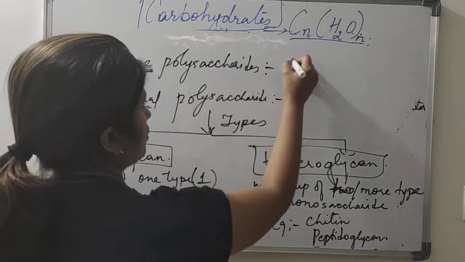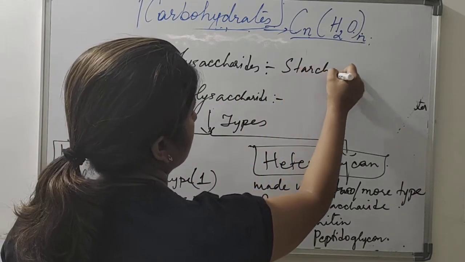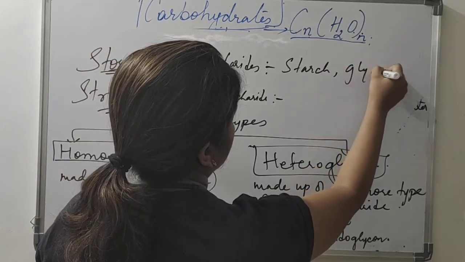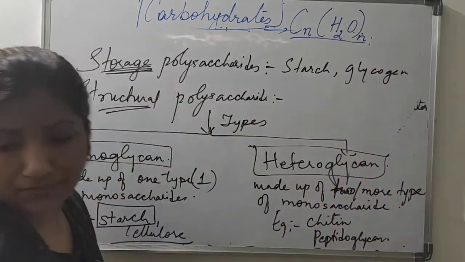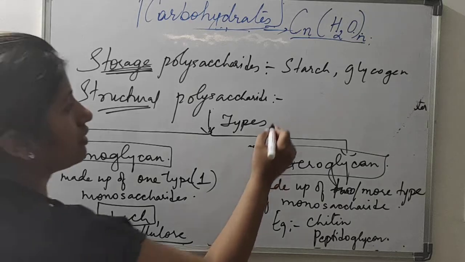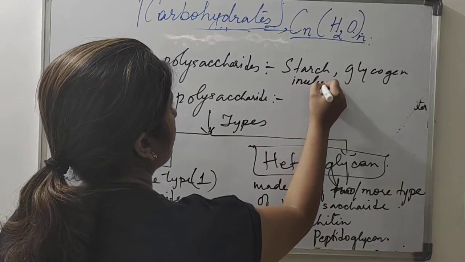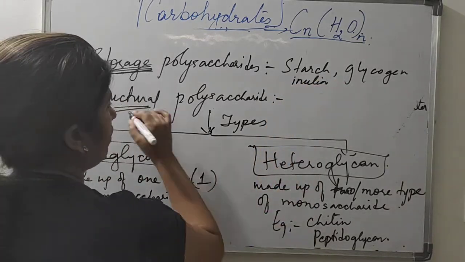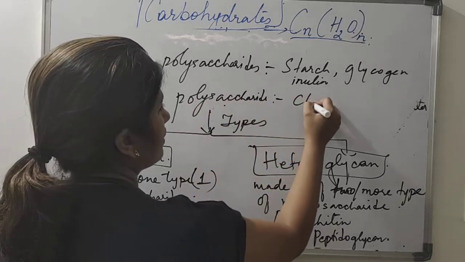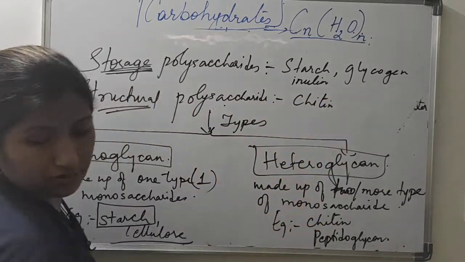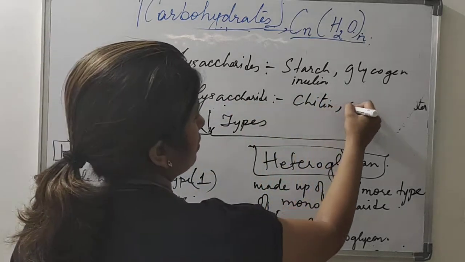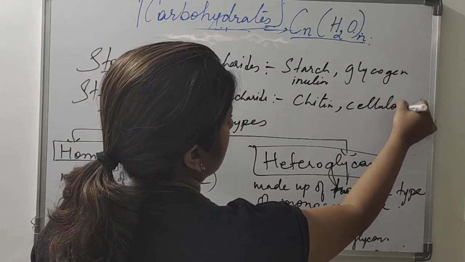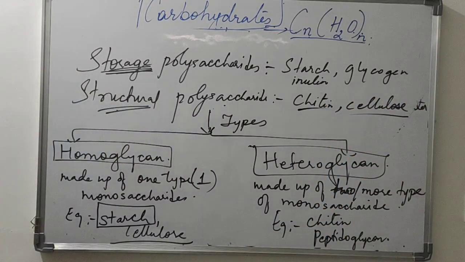For storage purposes: starch, glycogen, and inulin. Structural polysaccharides are chitin and cellulose. They all form the structure.